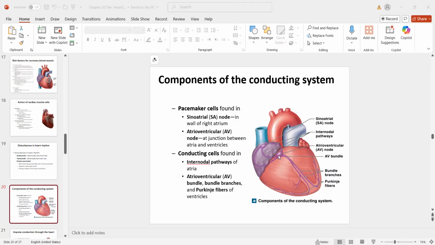In the ventricles, the conducting cells include those in the atrioventricular bundle, also called the bundle of His, and the bundle branches that run between the ventricles, as well as the Purkinje fibers, which distribute the stimulus to the ventricular myocardium.